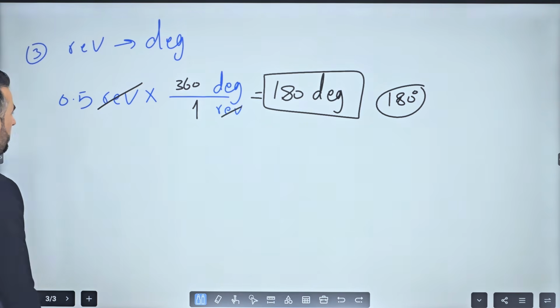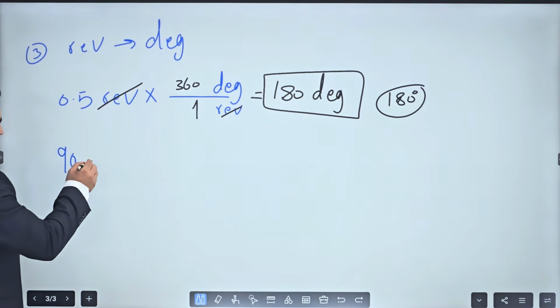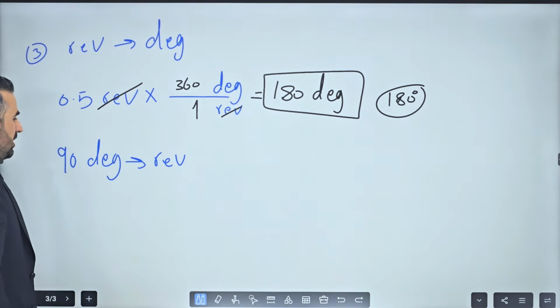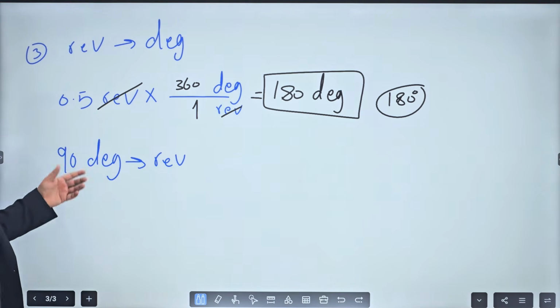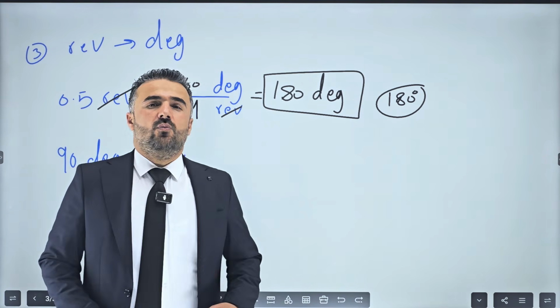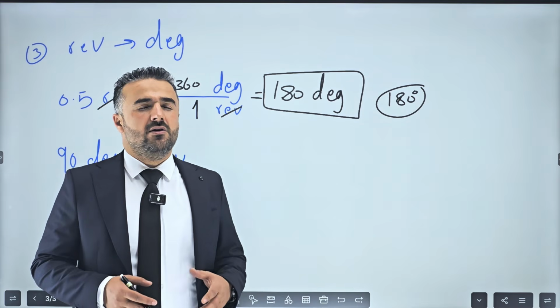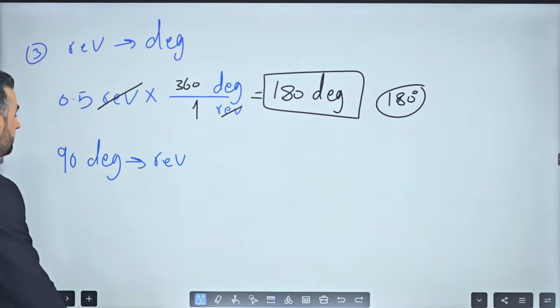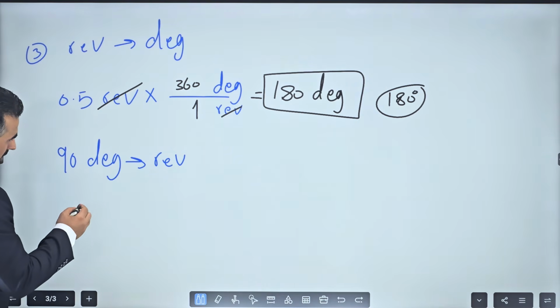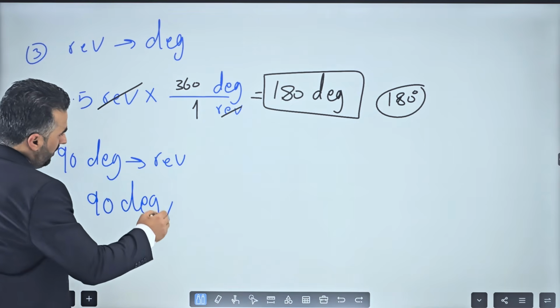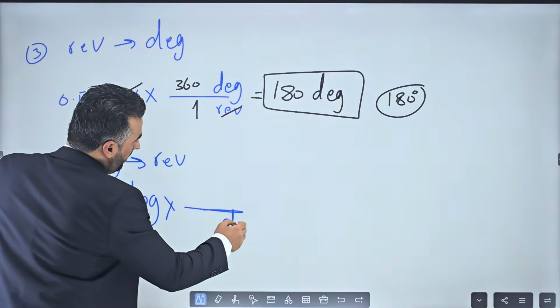Okay, what if we do the reverse? Let's say convert 90 degrees into revs. By the way, you might have noticed I use 90, 180, 270, or 360 so that I avoid using a calculator. But of course, we can use any other numbers. It works the same way. So how do we do this? Write what is given, that is 90 degrees, multiply by degrees below, right?